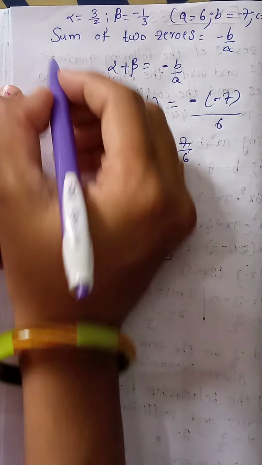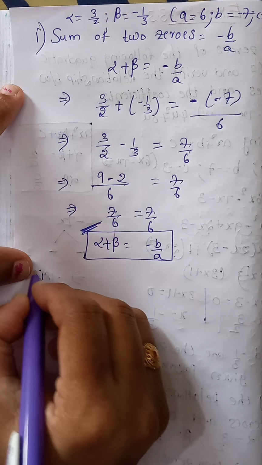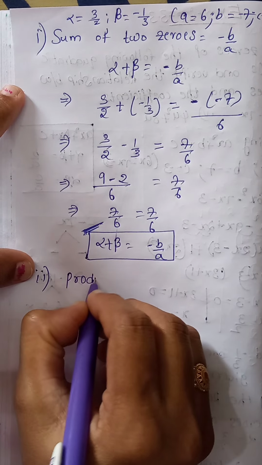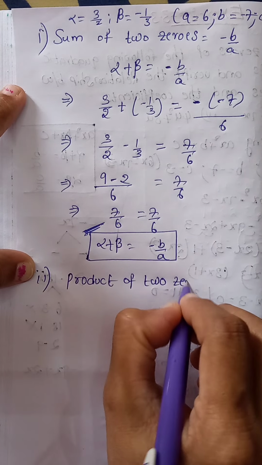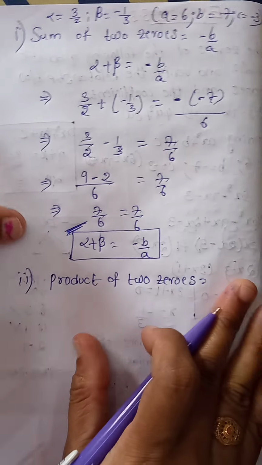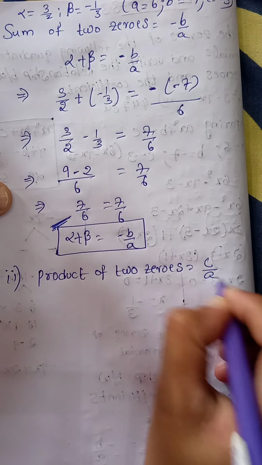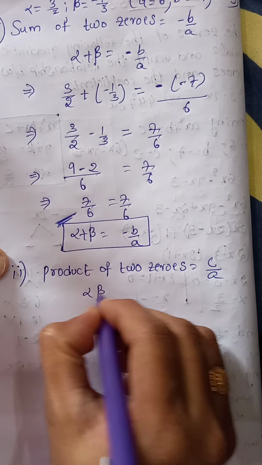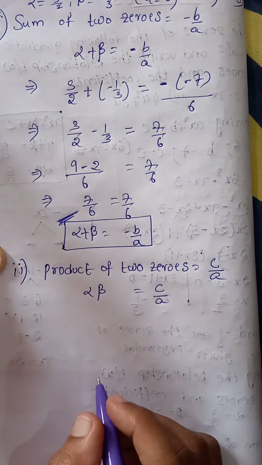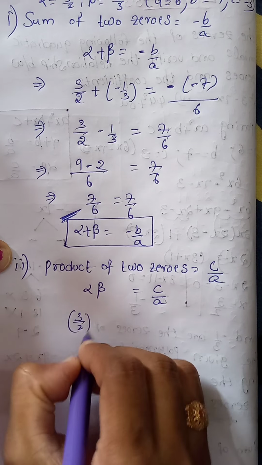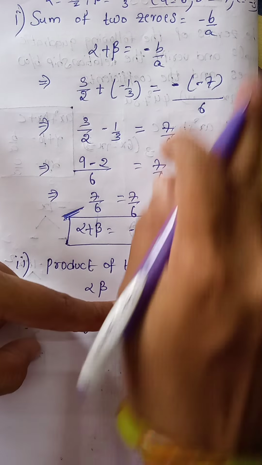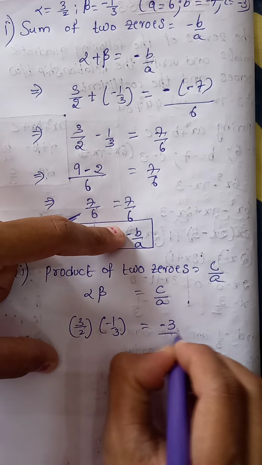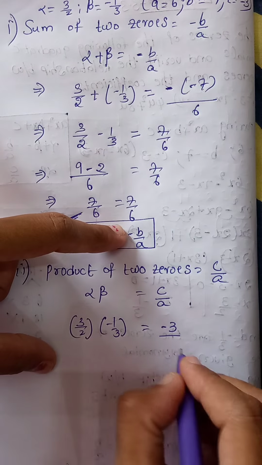Okay. Next case, product of two zeros. Product of two zeros equal to, what is the formula? C by a. Alpha into beta equal to C by a. Okay. So what is the alpha value? 3 by 2. Beta value is minus 1 by 3 equal to C value is minus 3 divided by a value is 6.